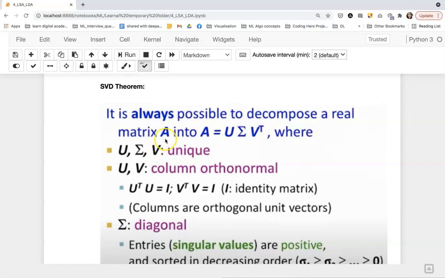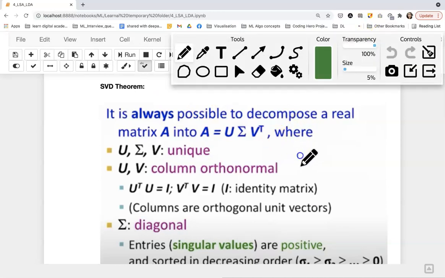Now U and V are known as column orthonormal matrices. What do I mean by column orthonormal matrices? First of all, the multiplication of a column orthonormal matrix with its transpose will be the identity matrix. So U dot U transpose will be the identity matrix.